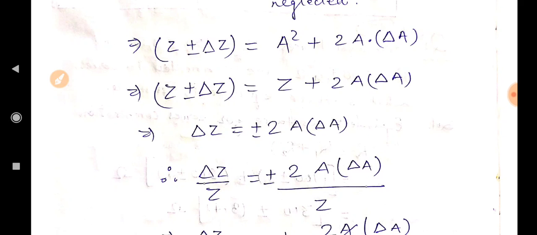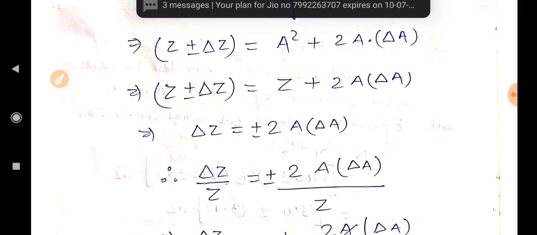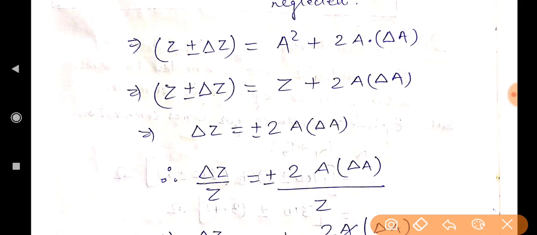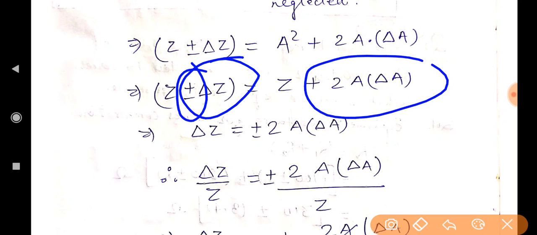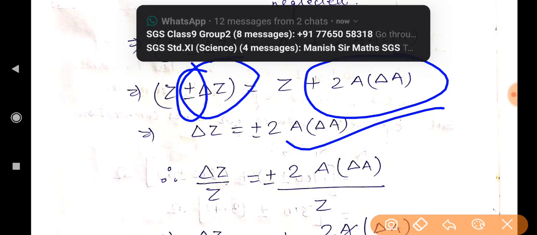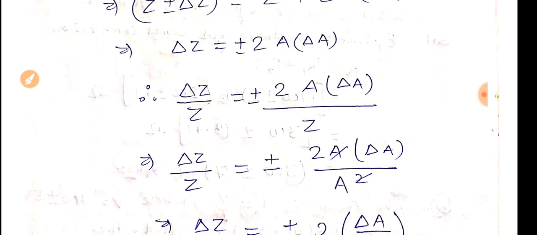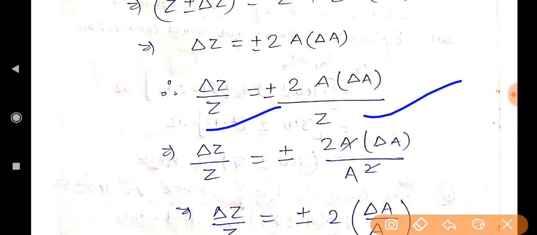Now here plus minus is written in the RHS with respect to this sign, because this part will be equal to this part. In this way, delta z is equals to 2a delta a, and dividing both sides by z, delta z upon z will be equal to 2a delta a divided by z, and in this way delta z by z is equals to plus minus 2a delta a by a square.